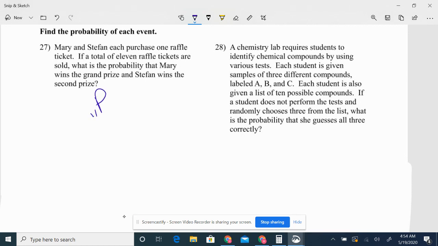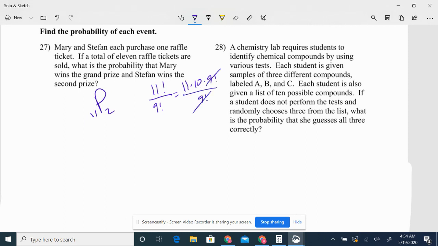There's 11 tickets, and basically we want 2 of them. Now, this is going to give us how many possible ways there are. So 11 permutation 2, that's what? 11 factorial over 9 factorial. Now 11 factorial is 11 times 10 times 9 factorial. I have a 9 factorial at the bottom.